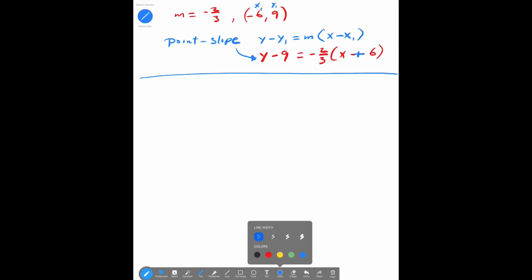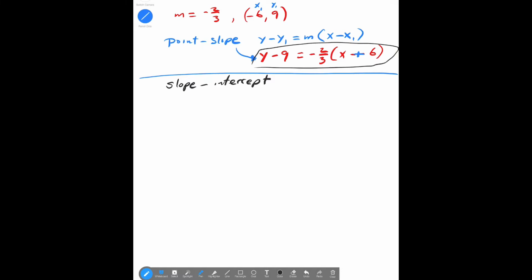So the next form is slope intercept form. It is easier for you to have this and write that in slope intercept form.